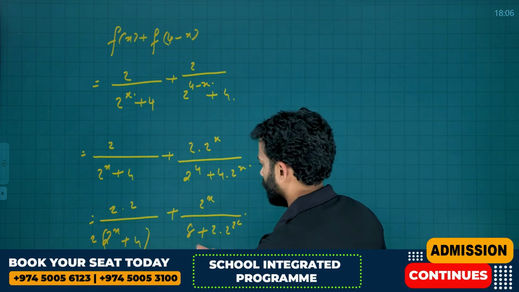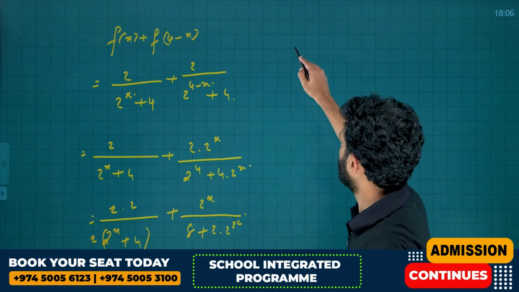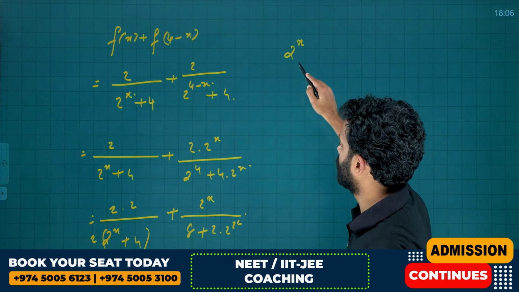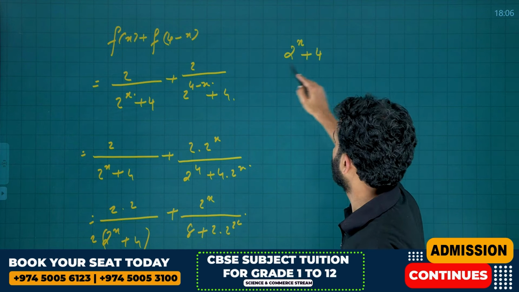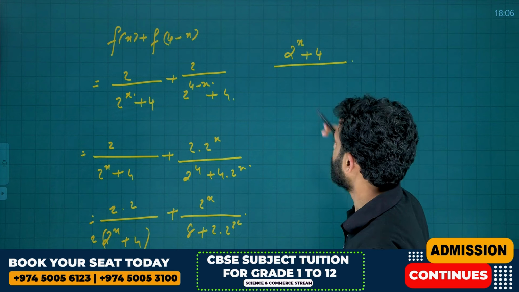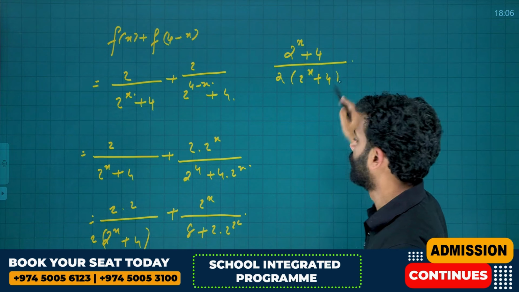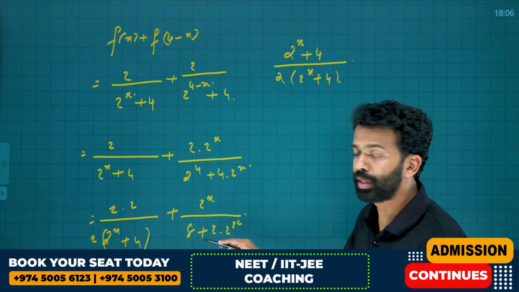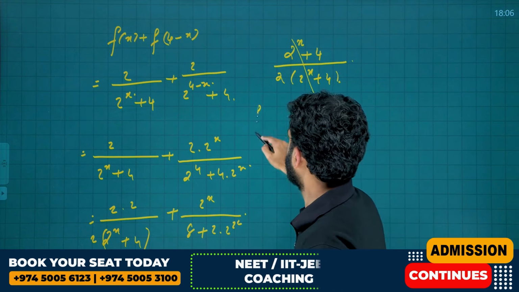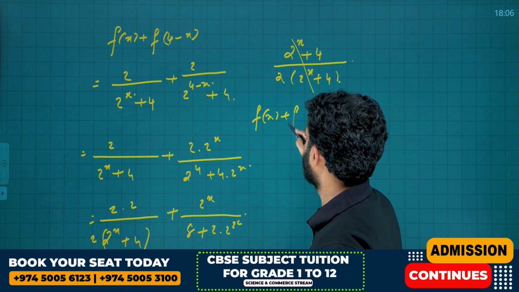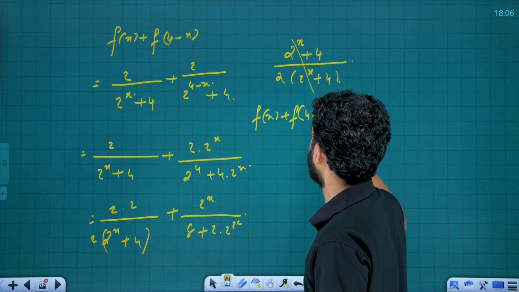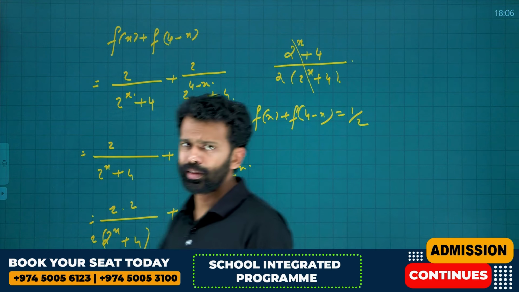That is 2 into 2 raised to x plus 8. Therefore, it will be 2 raised to x plus 4 divided by 2 into 2 raised to x plus 4, right? That is, it is also 2 into 2 raised to x plus 4, got cancelled. That is, f of x plus f of 4 minus x is 1 by 2. Okay, that's done.